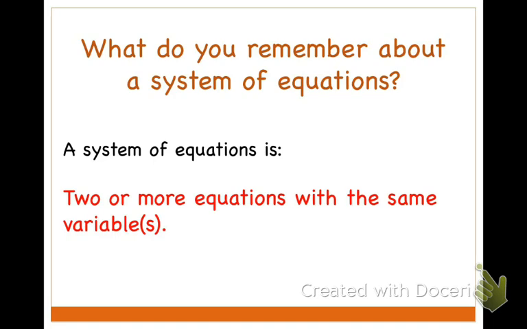A system of equations is when we have two or more equations with the same variables. So this could be something like x plus y equals 5 and 3x plus y equals 6. That could be our system. Or we could have something a little more complicated, with more variables and more equations.